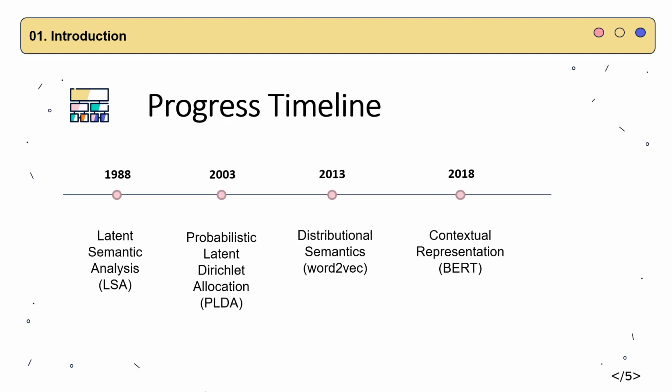In 2013, the work of Tomas Mikolov in distributional semantics revolutionized the field, and word2vec became a very popular word embedding of choice. And most recently, in 2018, the contextual representation popularized by the work of Devlin and the transformer network really revolutionized the field of embeddings.